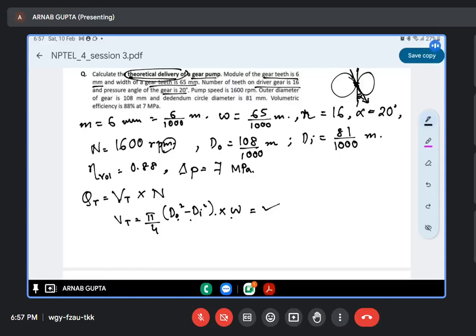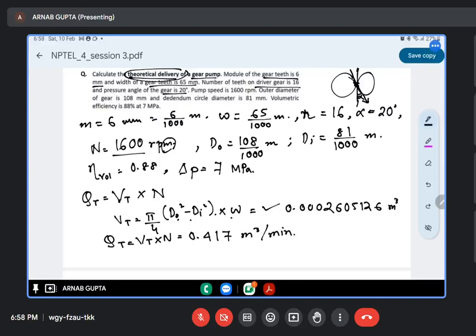So you're getting somewhere around 0.0002605 meter cube, and not meter cube per minute. So your discharge will basically be Vt cross N. And your N is 1600 revolutions per minute. So you just multiply this with 1600, you'll get 0.417 meter cube per minute. Correct me if I have done any calculation errors.